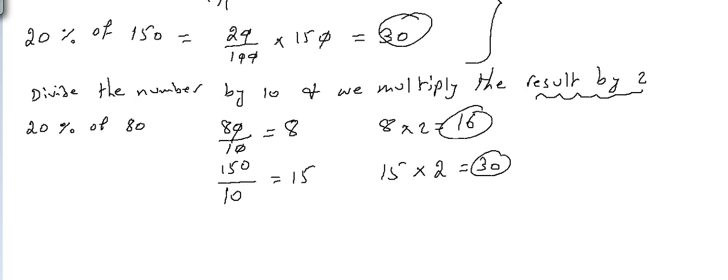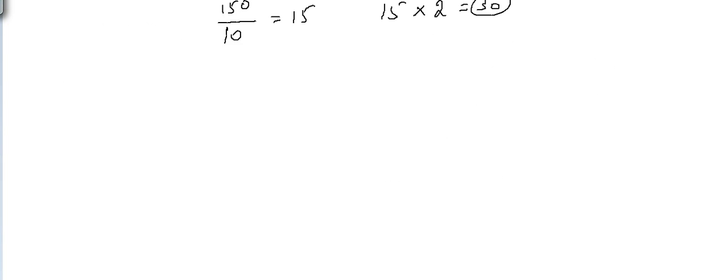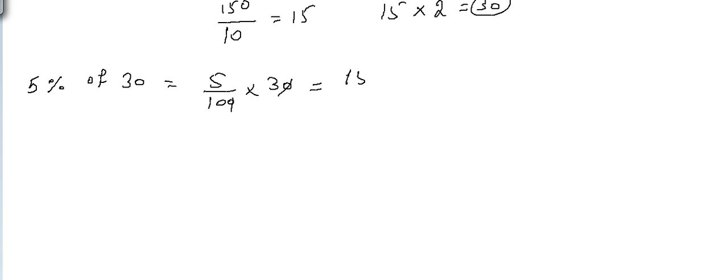I have a little more time to do more, so let's do 5%. What is 5% of 30? Okay, 5 over 100 times 30. The zeros cancel, dividing numerator and denominator by 10, we end up with 15 divided by 10, so the answer is 1.5.